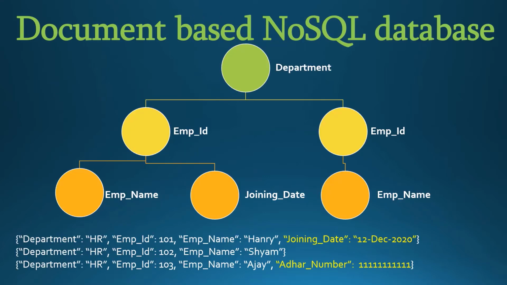Let's discuss one simple example of a document based NoSQL database. Here you can see one particular data having department, employee ID, employee name, joining date. In the second document, you may find only employee ID, employee name.